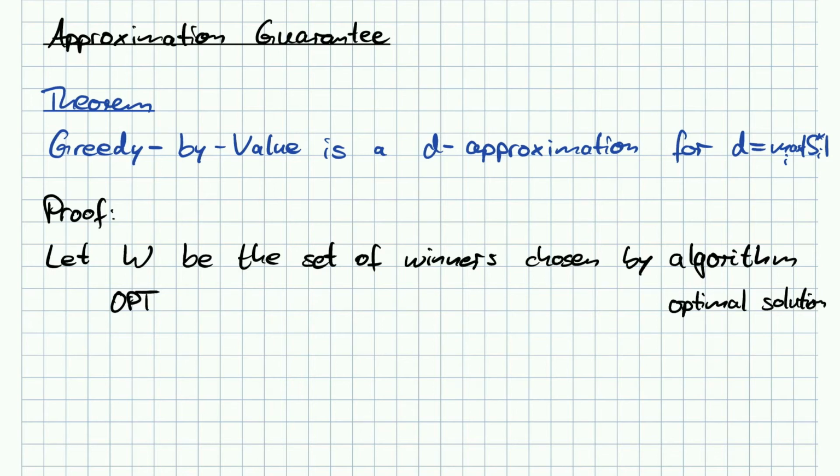What is our claim? Our claim is that the sum of all i in W of b_i will be at least a 1 over d fraction of the sum of all i in opt of b_i.